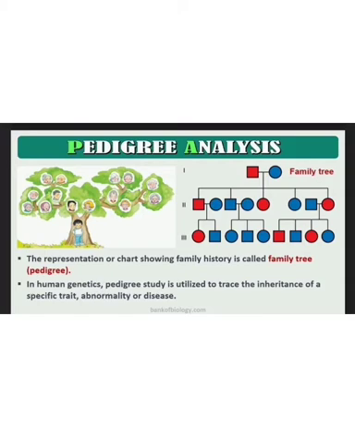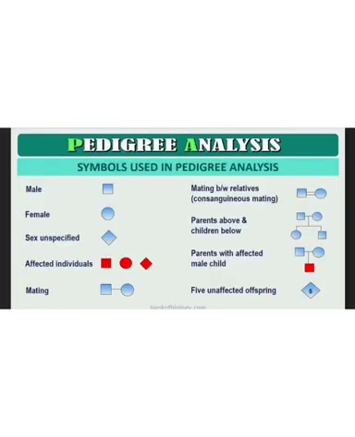Some of the important standard symbols are used in pedigree analysis. Let us see which are they. Some important symbols used in pedigree analysis are: square for male, and circle for female. Shaded circles and squares represent the affected individuals.